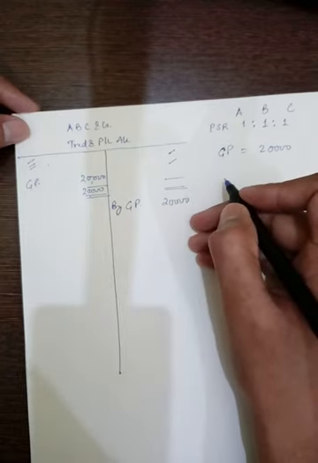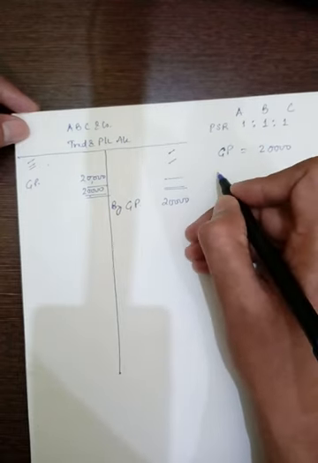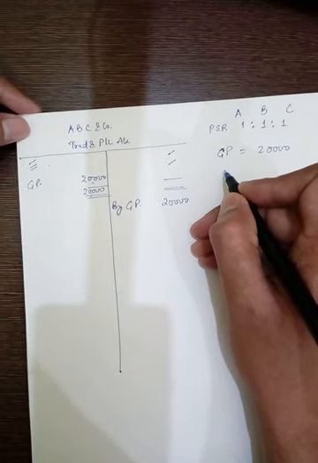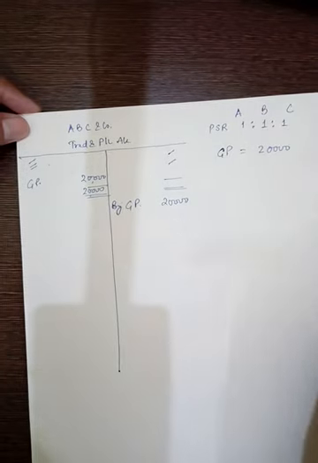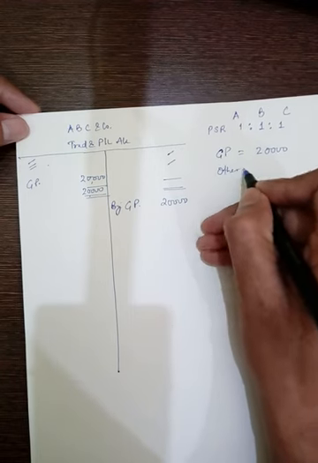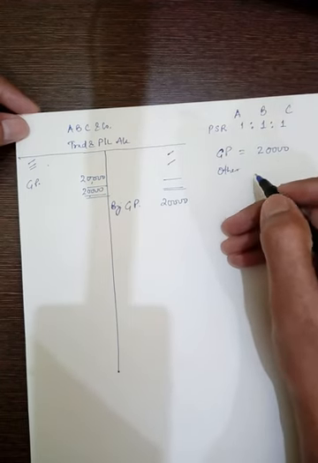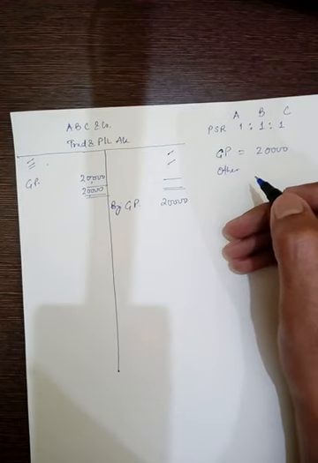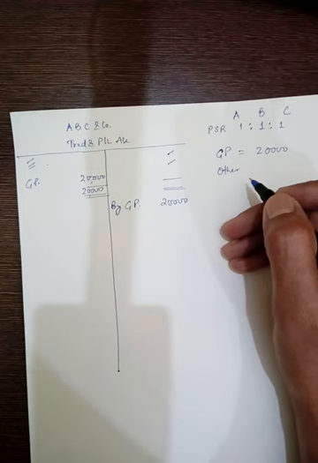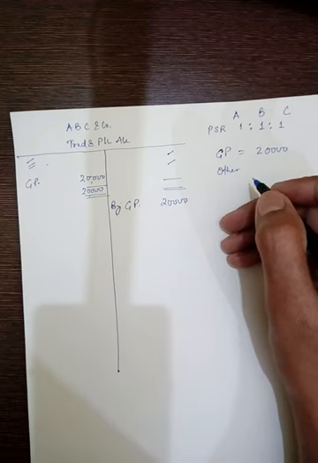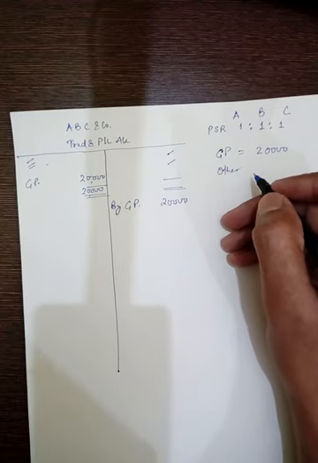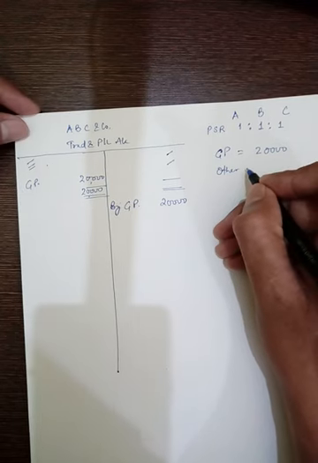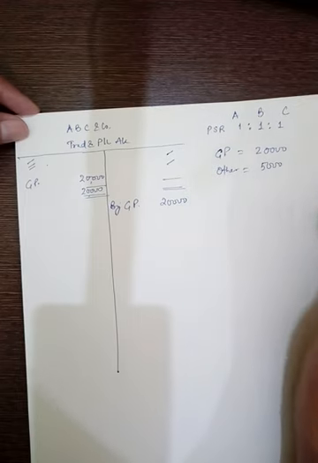Now again, you have been given the data that the firm's other expenses, apart from the expenses which we are going to discuss, like salaries to employees, not partner, interest to bank, not to partner, interest on loan by partner is not the case, interest to banks or insurance premium, all the expenses together total 5,000.